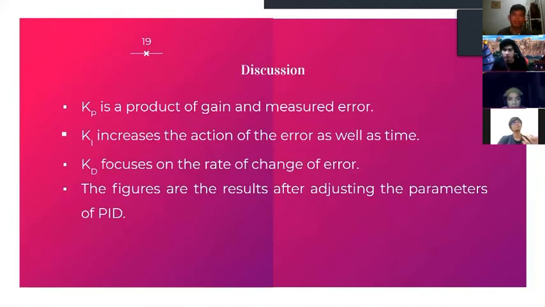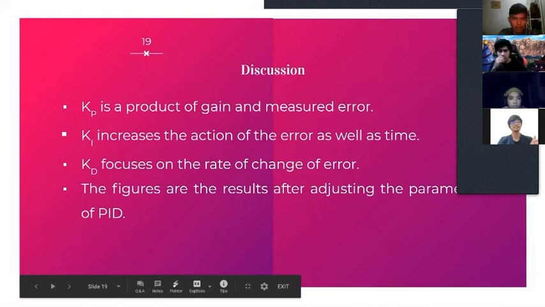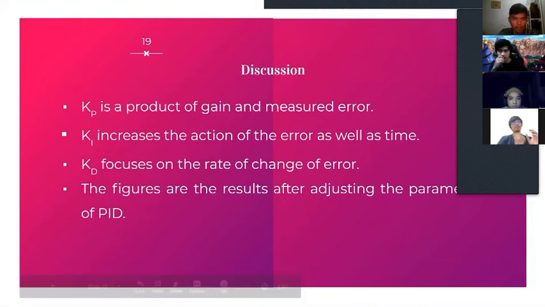Okay, for this discussion, from the results before, it can be seen that if we change the PID parameters, which are the proportional parameter, called Kp, the integral parameter, called Ki, and the derivative parameter, called Kd, it will affect the rise time, settling time, overshoot, and steady-state error of the system.